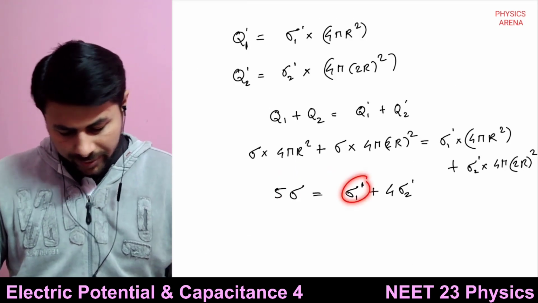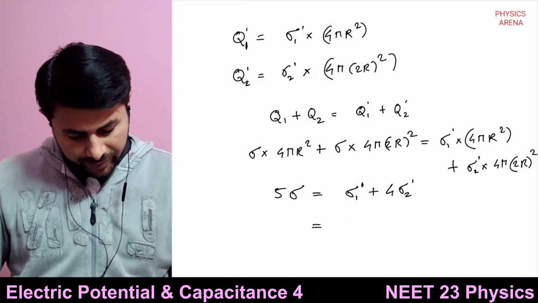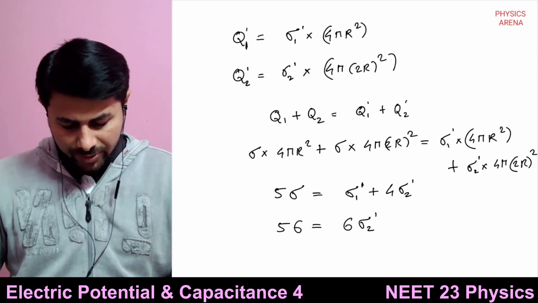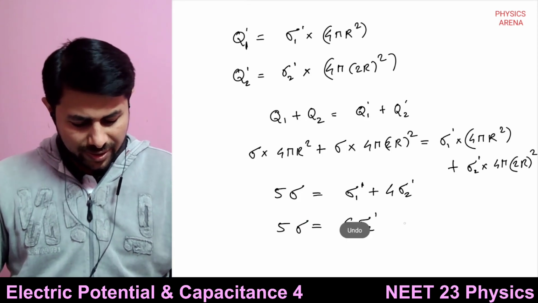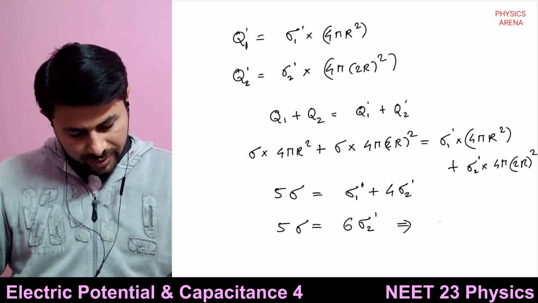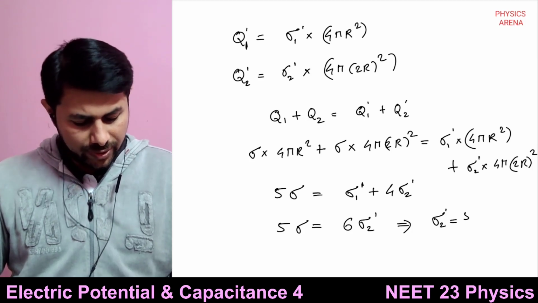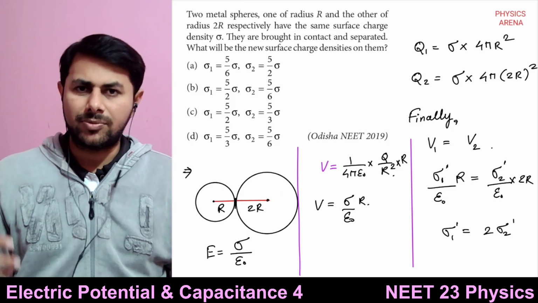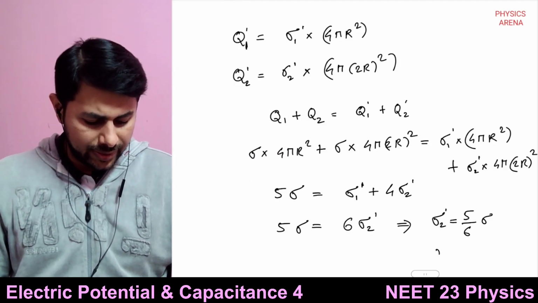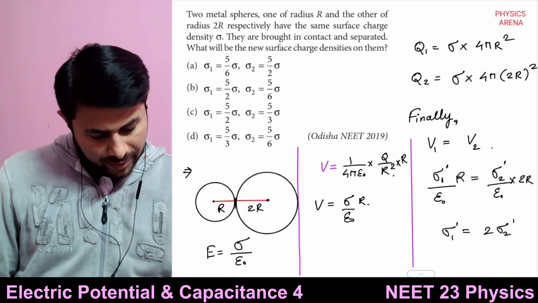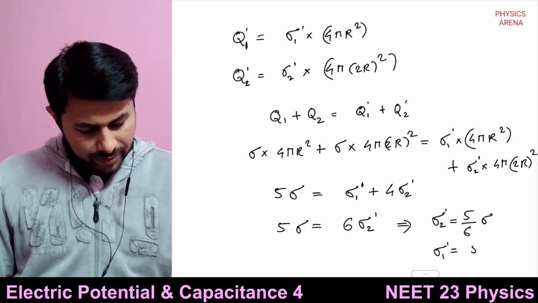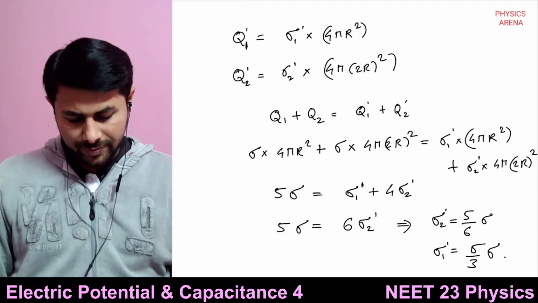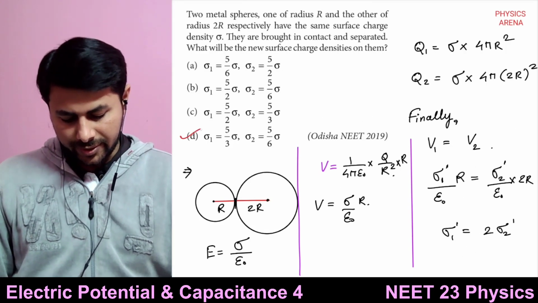So that we can substitute. So what do we get? We get 6 times of sigma 2 dash is equal to 5 times of sigma, and therefore sigma 2 dash is equal to 5 by 6 sigma, okay, and sigma 1 dash is 2 times of sigma 2 dash, so it is 5 by 3 times of sigma, right? So it is option D.